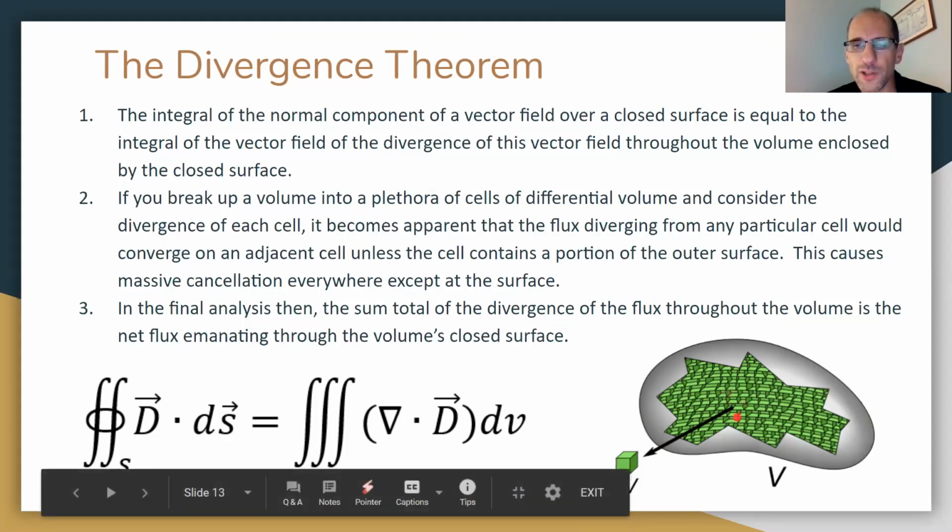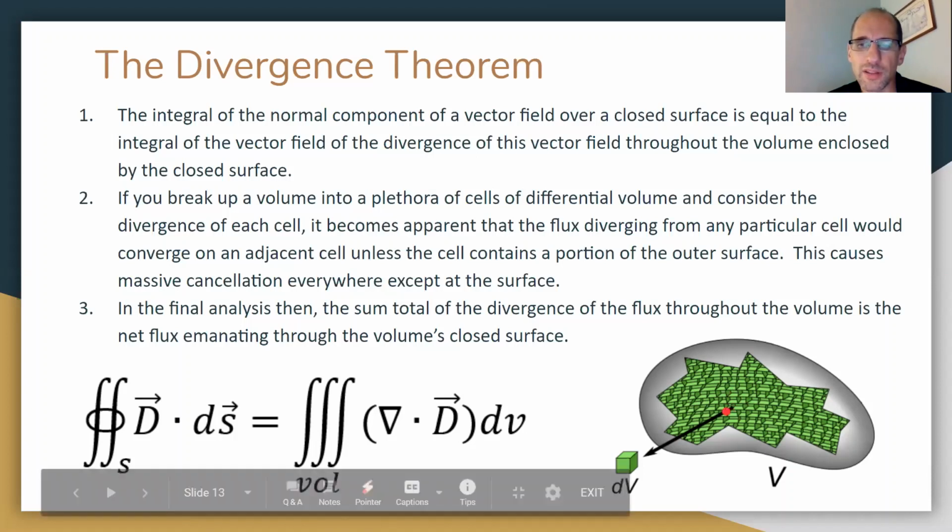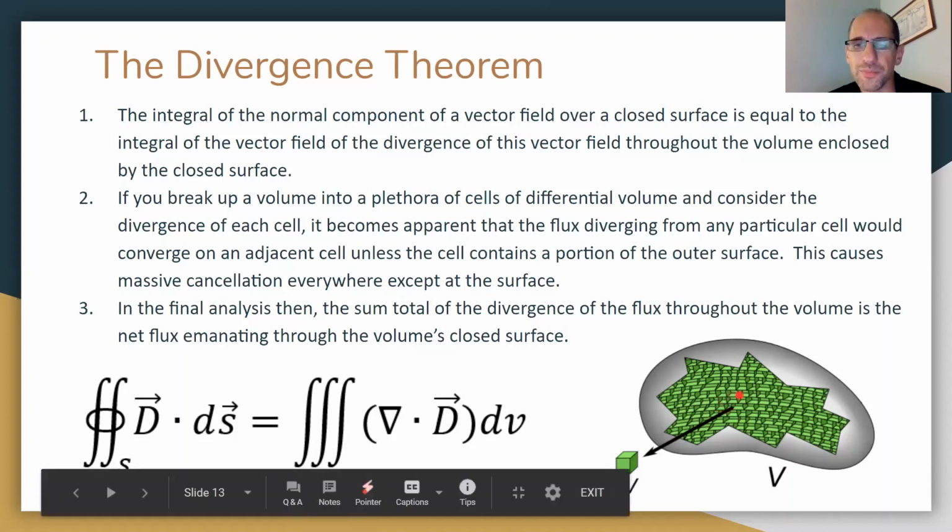Whatever flux is diverging out of that location would be converging onto its neighboring cells. And that goes on and on and on until you get to the surface of your volume.